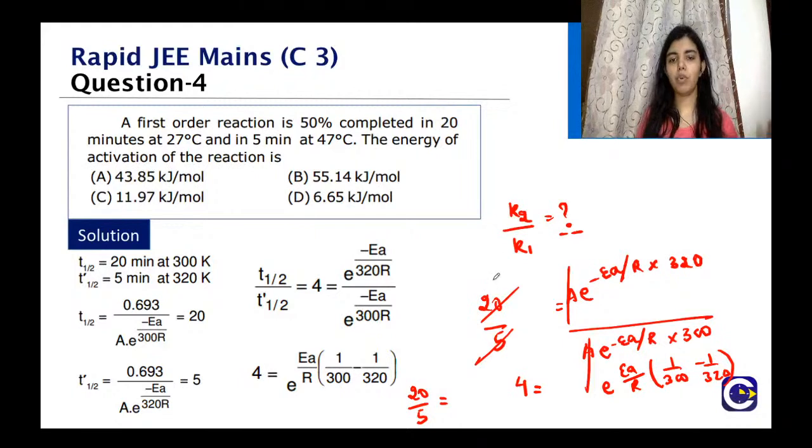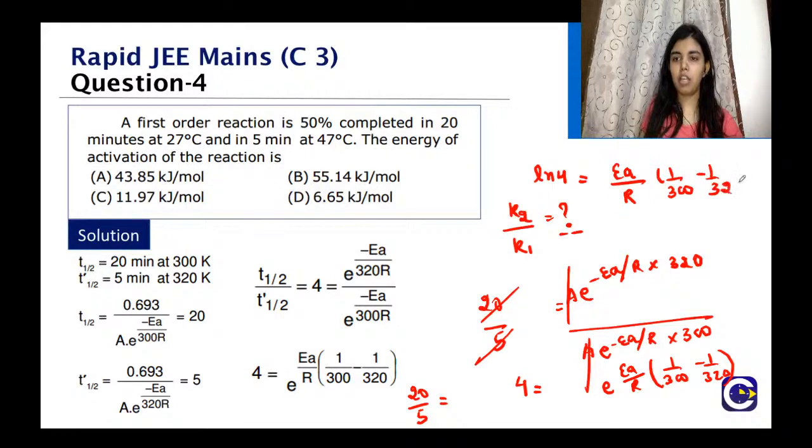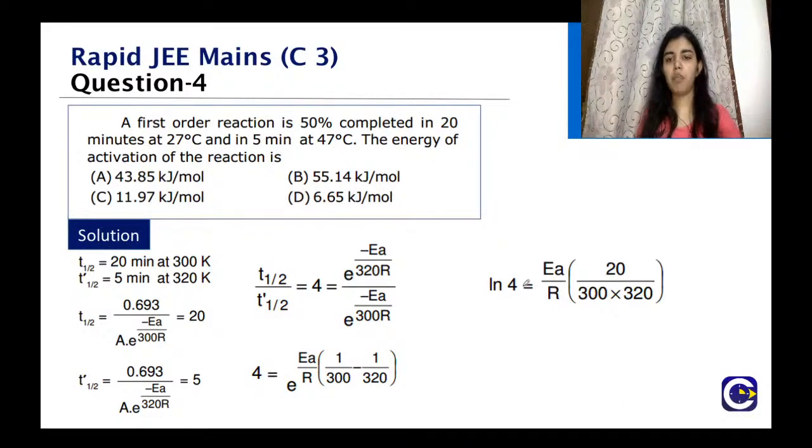Now what we have to do is take ln of both sides. So ln of 4 will be equal to activation energy by R into 1 upon 300 minus 1 upon 320, right?